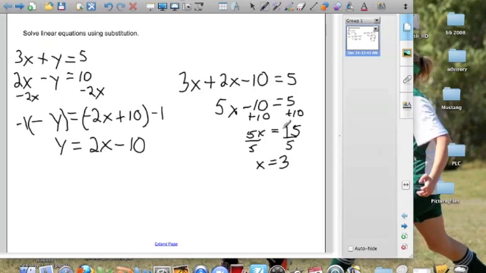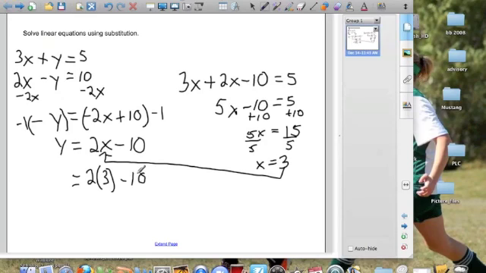Now, I have my x component. I still need to get my y component. The easiest way to do this is you can substitute this 3 back into any of the equations to solve. But a lot of times when you're doing substitution, you've already solved one for y. So I'm going to take this 3 and substitute it back in right here for this x. So I'm going to end up with 2 times 3 minus 10.